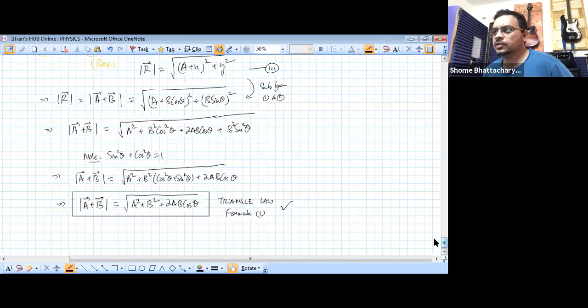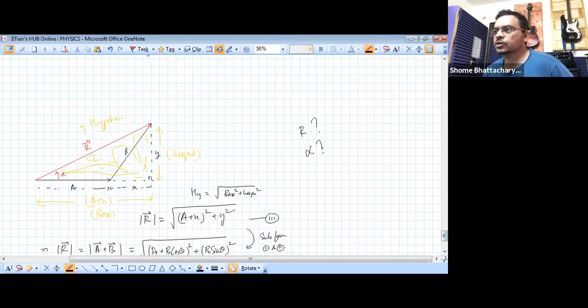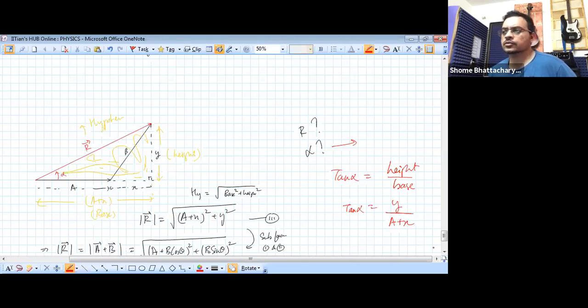Okay, so let me now come back to the diagram, and now let's talk about alpha. So how will we calculate alpha? For that, you can see in this triangle, tan alpha is height upon base. So tan alpha is y upon a plus x.